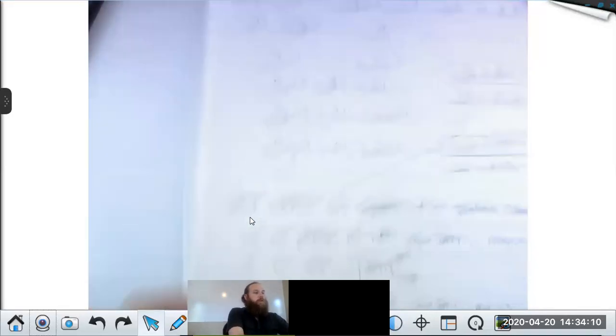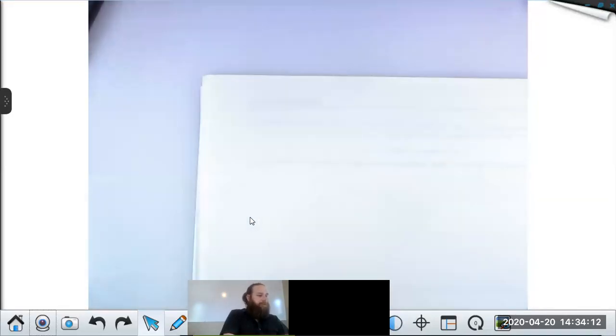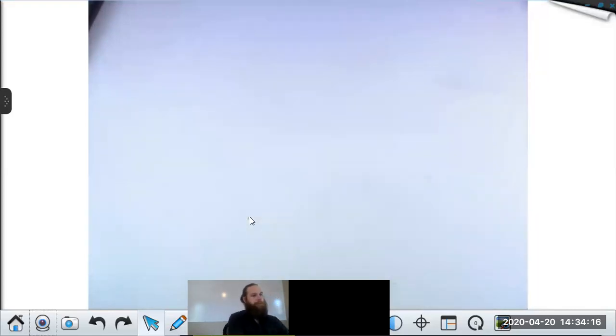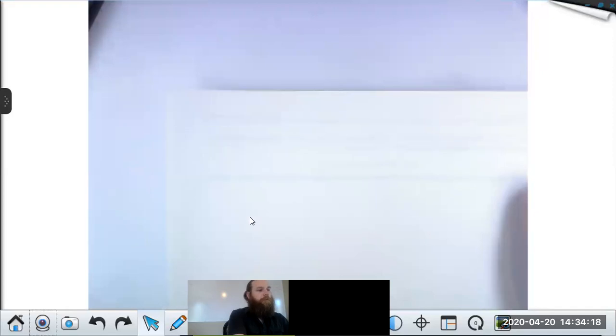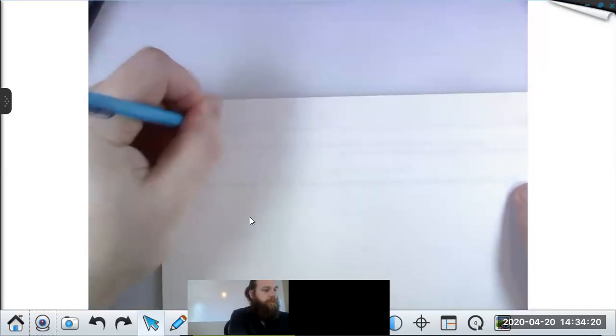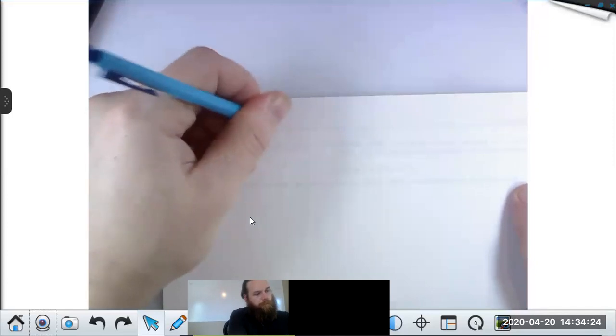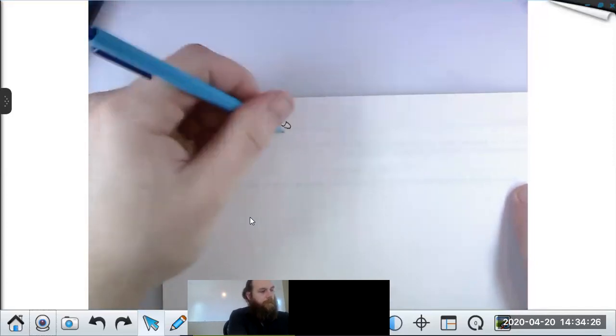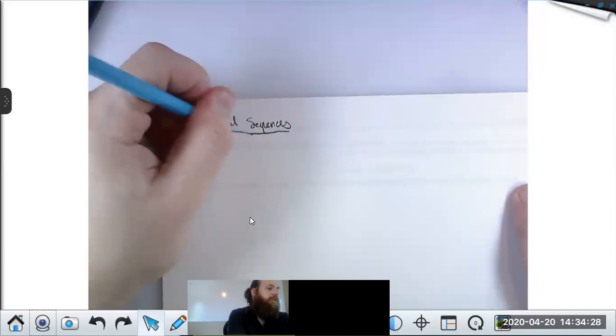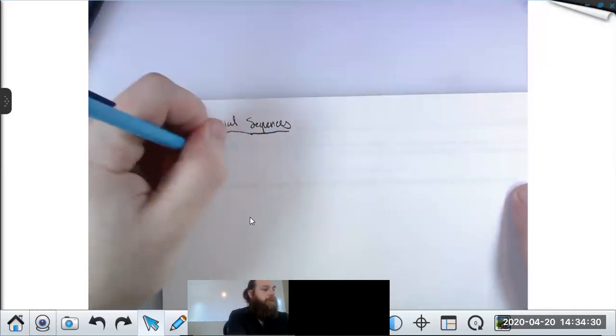So returning to some other special sequences. One family of special sequences, the family that the Fibonacci sequence belongs to, are called recursive.